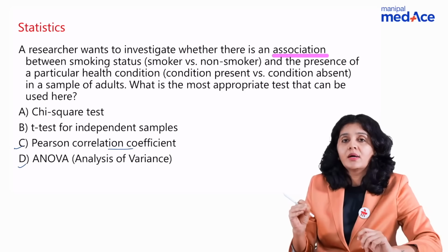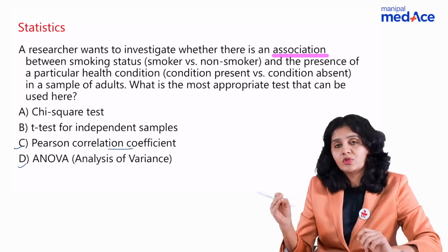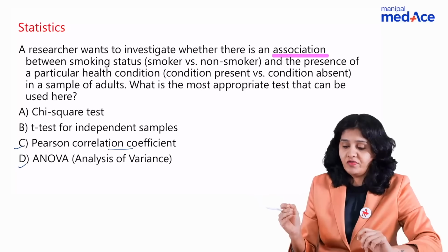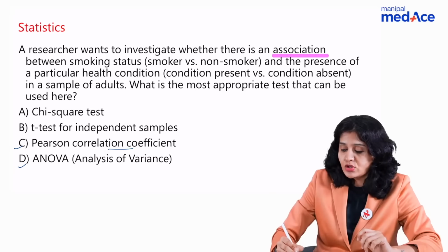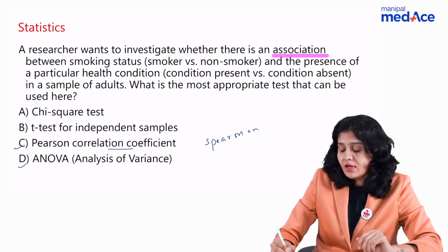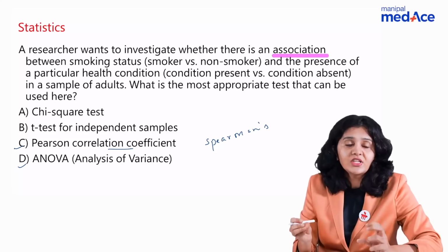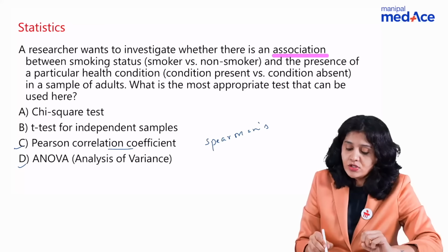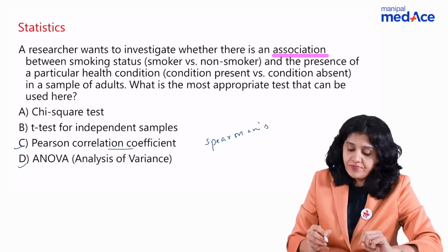What is a counterpart if it is not normally distributed? It is Spearman's correlation coefficient, right? If the data is not normally distributed and if you are trying to find out if they are related or not, you're going to use Spearman's. If it is quantitative in nature, normally distributed, you're going to use Pearson correlation coefficient.